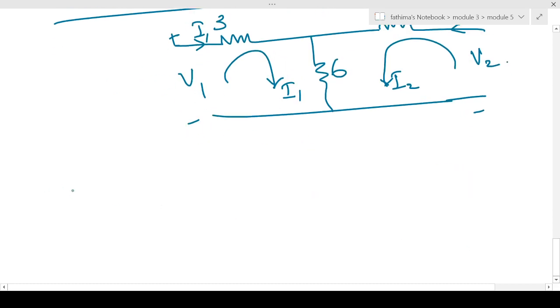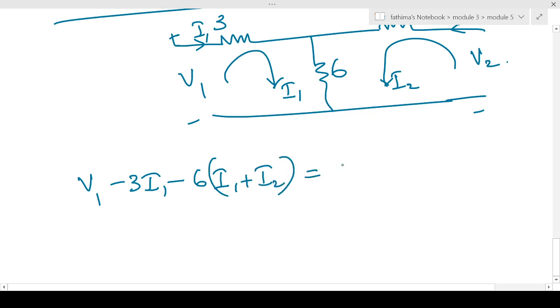So it becomes V1 minus 3I1 minus 6 into, here the current flowing through the 6 ohm is I1 and I2, and both are in the same direction, so we can write it as I1 plus I2. So minus 6 into I1 plus I2 is equal to 0.